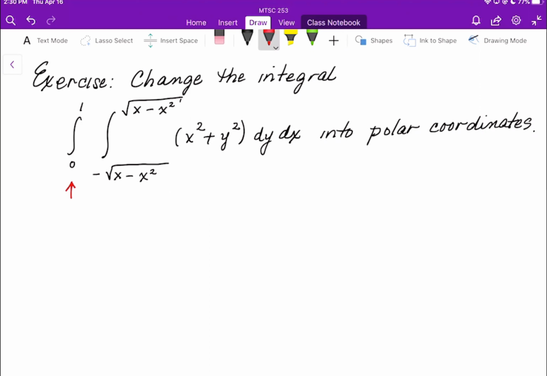So from there, we know that x is between 0 and 1. And then from here, we know that minus the square root of x minus x squared is less than or equal to y, is less than or equal to the positive square root of x minus x squared.